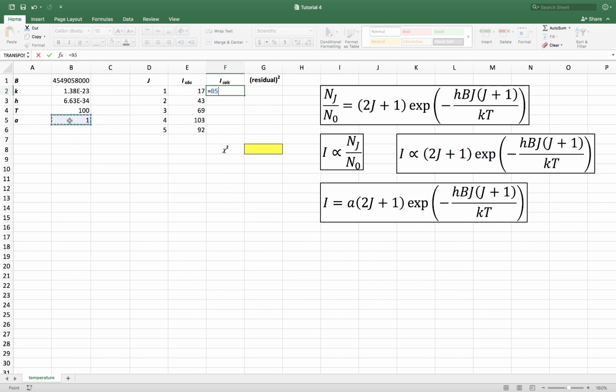It will be equal to A1 times 2 times the initial J state plus 1, times the exponential of minus 1 times h times B times J into J plus 1, close brackets, all over k times T. Okay, so press return.